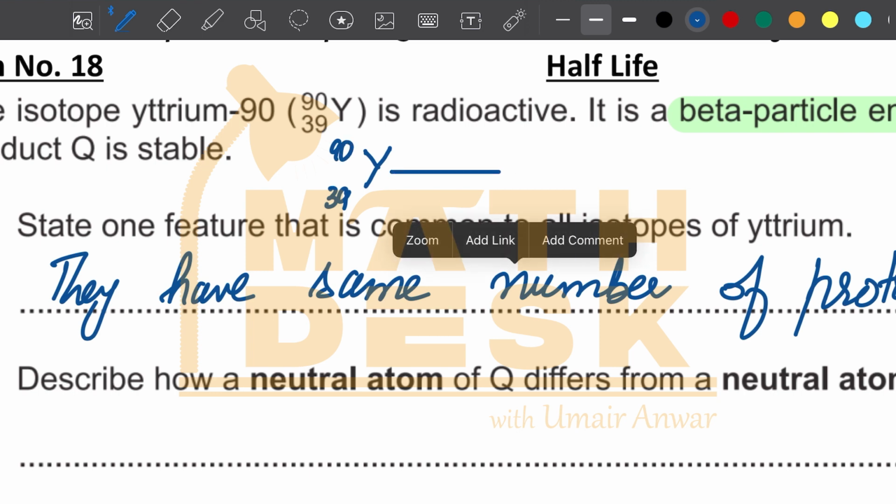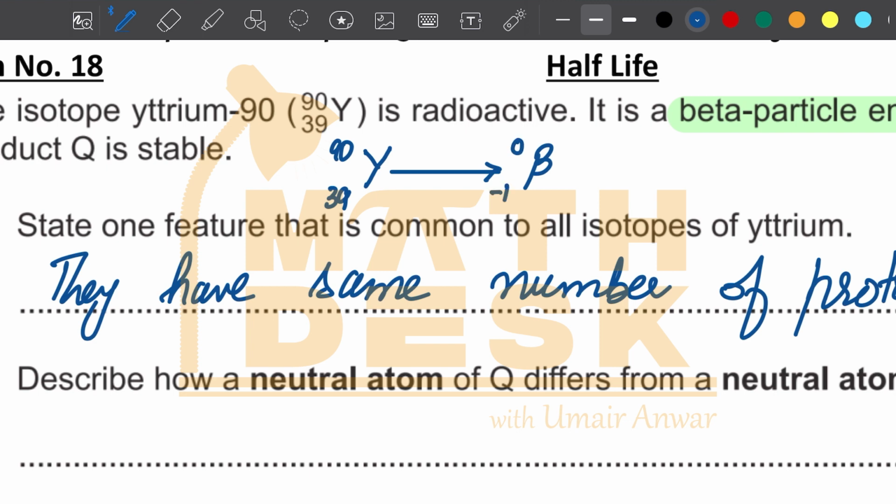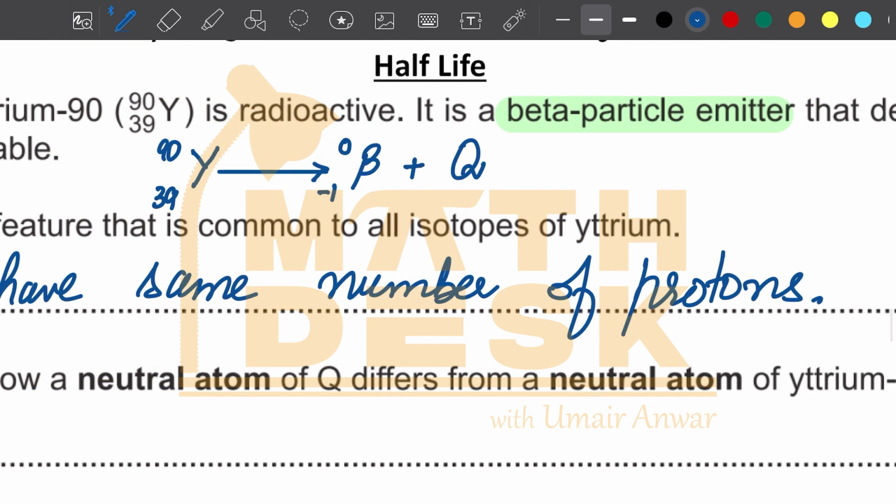When it undergoes a beta decay, it emits a beta particle whose charge number is -1 and mass is 0, and a product Q is formed. Now in a beta decay, we know that a neutron from the yttrium would be converting itself into a proton and an electron. This electron would be emitted from the nucleus, but the proton remains a part of the nucleus.